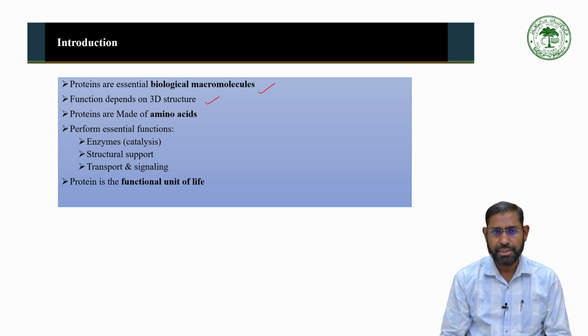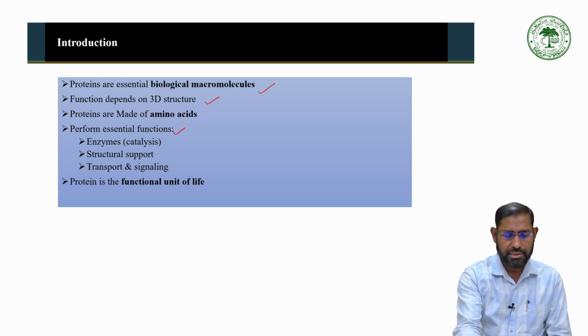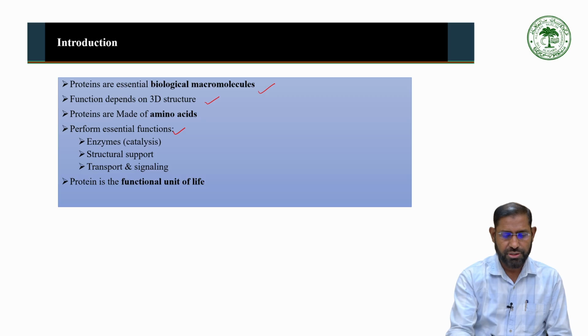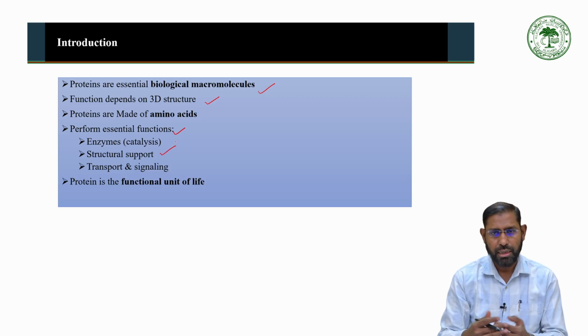Proteins perform essential functions as enzymes, as catalysts of many metabolic pathways, like trypsin, the glucose metabolic pathway, whatever enzymes are involved in the body, all are proteins. Then structural support: muscle proteins, myoglobin and all the structural supports.